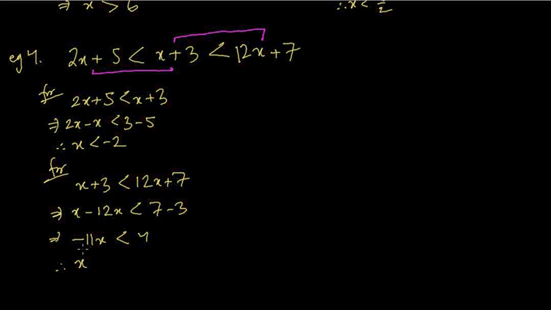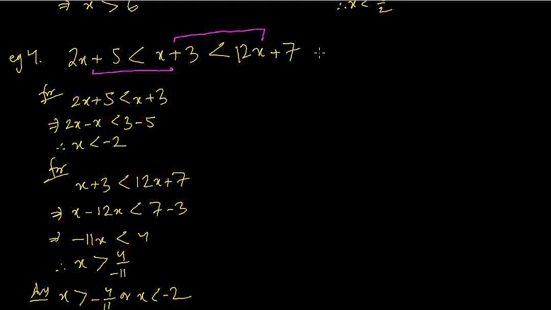Now again we have a negative number, so that will reverse the inequality sign. It will become greater than 4 divided by minus 11. So that's the answer. Now we need to restate the answer, and it is very, very important to restate the answer. The first one is x is greater than minus 4 by 11, or x is less than minus 2. So that's what we are going to have.